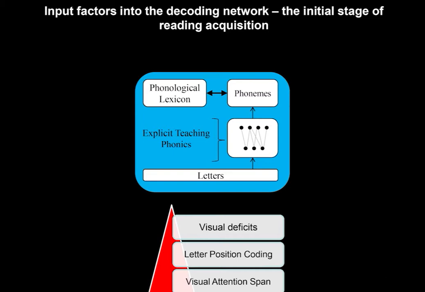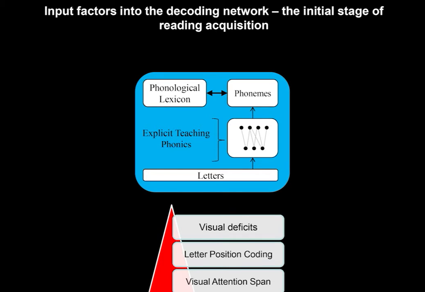Although it's called visual attention, the tasks that are typically used by the authors are basically detection of consonants in consonant strings, and our ability to process in parallel several letters, bigger chunks of letters, so that we can efficiently enter that decoding network, right? So these visual span deficits are very tightly linked to the quality of that letter processing input. So these are a few things that can affect letter processing.